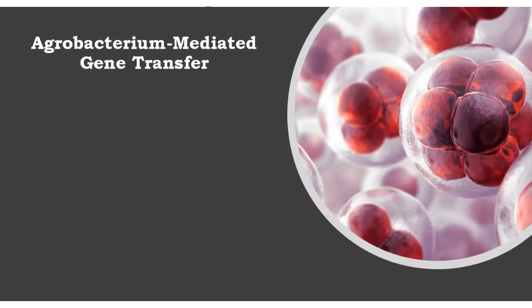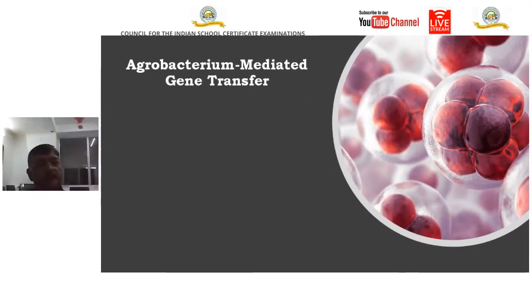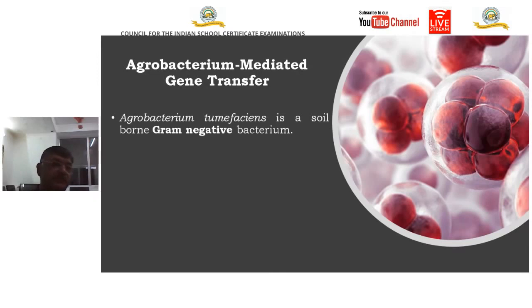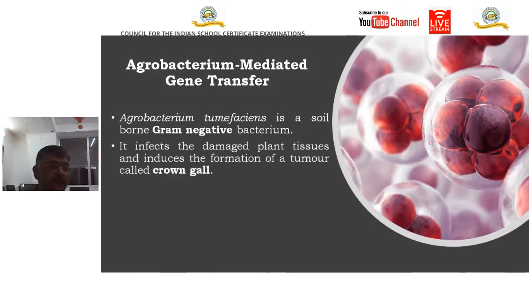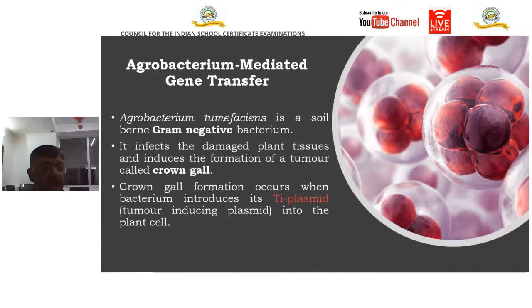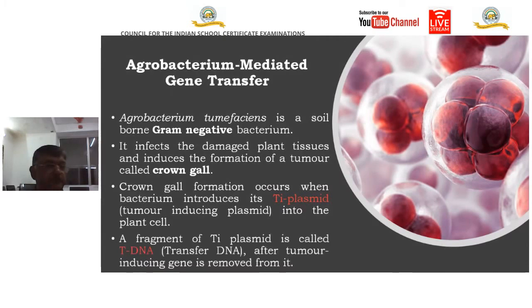Next one, Agrobacterium. This is different in one sense, that this is used exclusively for plants. And it causes a disease called crown gall disease in plants. Here it has a unique plasmid that we call Ti plasmid. Ti stands for tumor inducing plasmid. And this Ti plasmid has T-DNA.